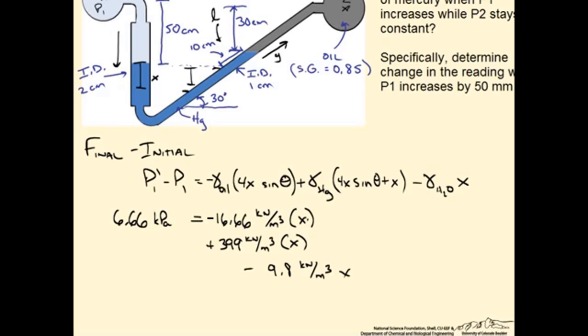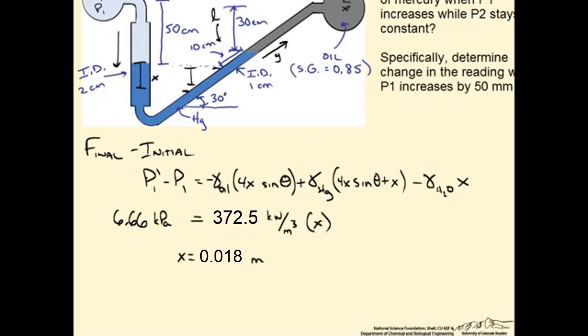Well, in this case, x is a length, and so if we multiply that by the kilonewtons per meter cubed, we're left with kilonewtons per meter squared, and a newton per meter squared is a pascal, so the units on both sides match up. So when we add up everything on the right side and set it equal to the left side, we get x equals 0.018 meters, or 1.8 centimeters.